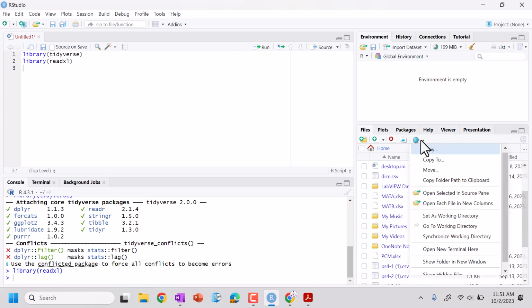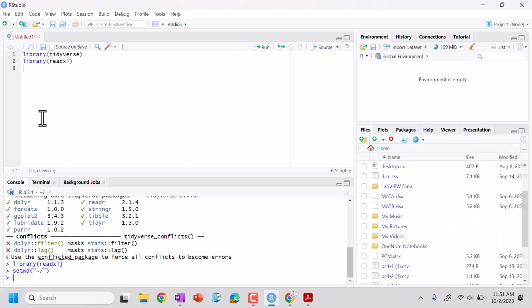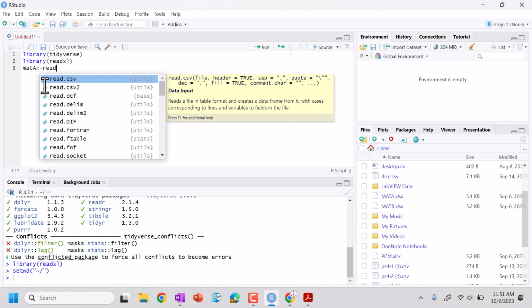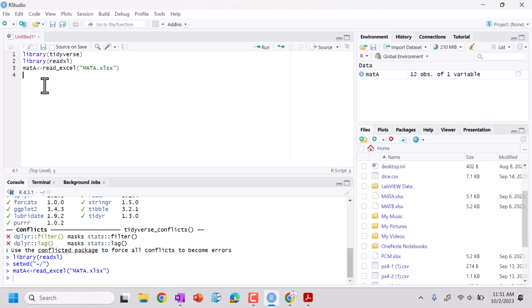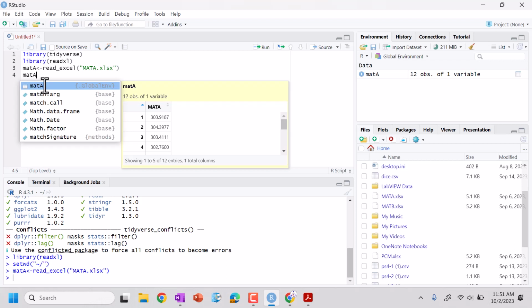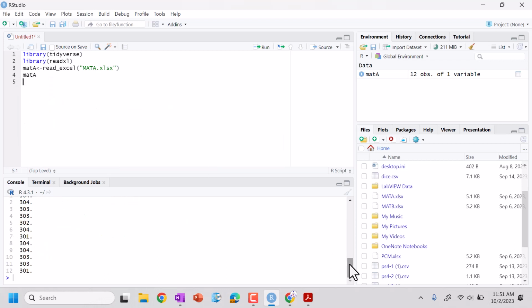So I'm going to set this as a working directory. Let's do matA goes to read_excel, and we're just going to read in matA.xlsx, and there we go. So that's going to be my material A. We can take a look at matA and see the values that we have here.